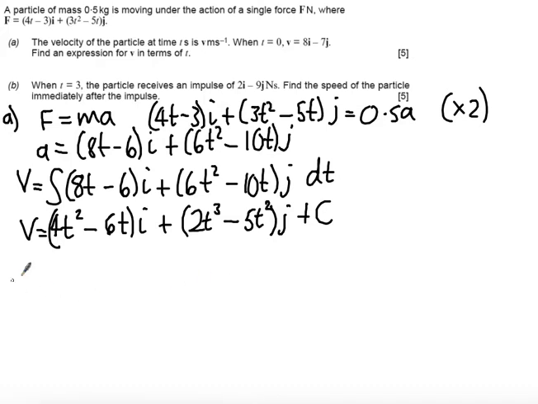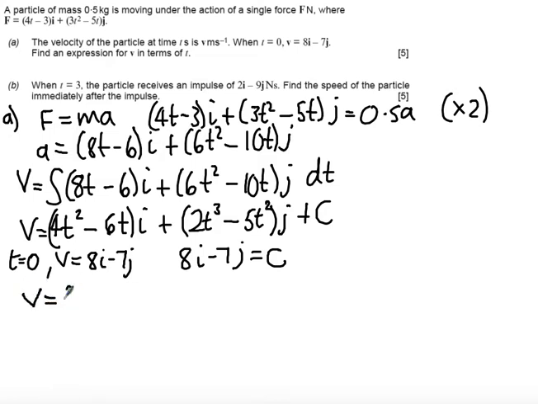Don't forget there is a constant of integration which will be a vector, and we shall find that in a moment. Now, what we're told in the question is that when t equals 0, v equals 8i minus 7j. So substituting this in, substituting t equals 0 into the i component will just give us 0, and into the j component will give us 0. And so I just get left that the constant is 8i minus 7j.